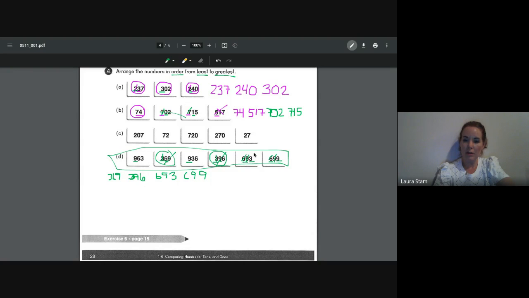See how if you solve these big problems, they look big and mean and nasty, but really they're not too bad. You just have to be methodical and take your time and cross things out. If I cross things out, it makes things so much easier for me to figure out what I've done. All right, we've got 9 and 9, not helpful. Let's move to the tens. We got a 6 and a 3.